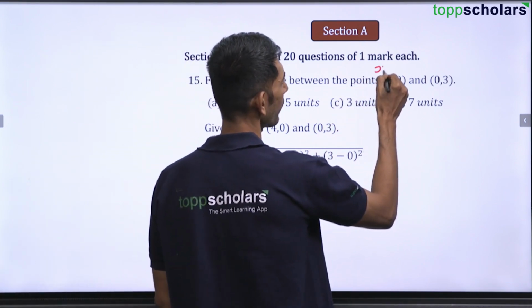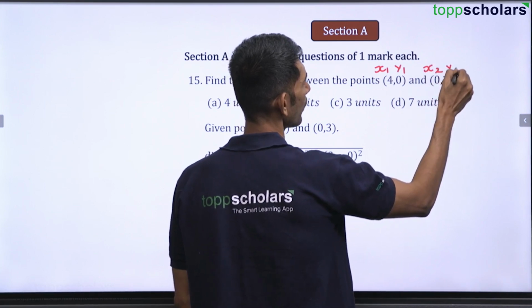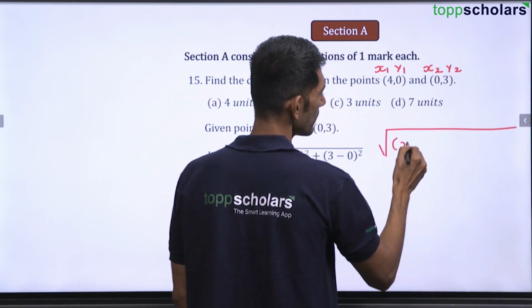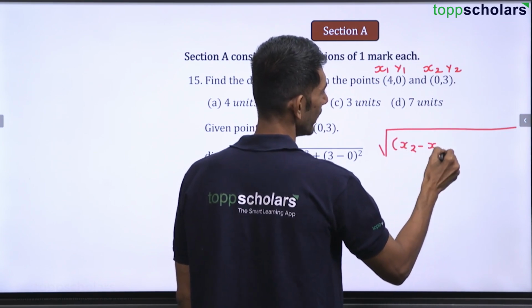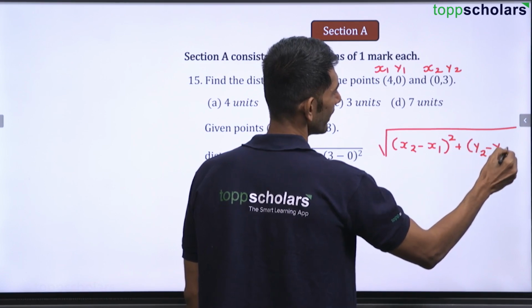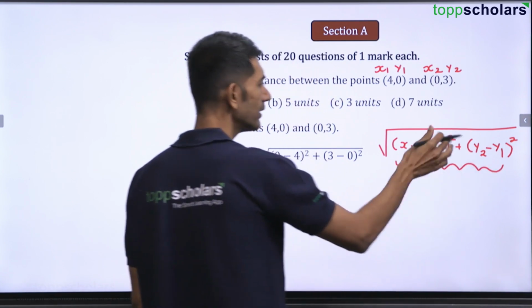we consider the first point as x1, y1, we consider the second point as x2, y2, and the distance between 2 points is given by the square root of x2 minus x1 the whole square plus y2 minus y1 the whole square. I know you know this, but still in case you have forgotten, this is the formula.